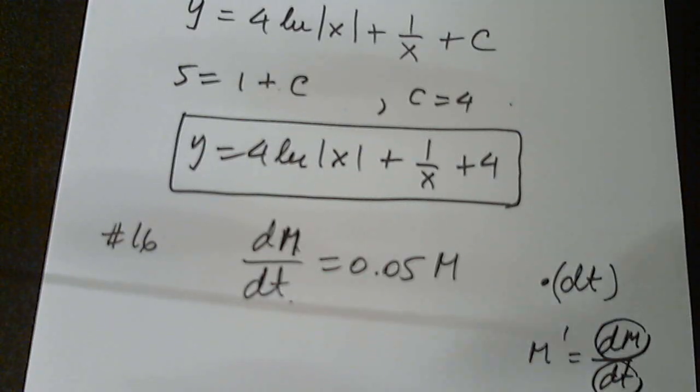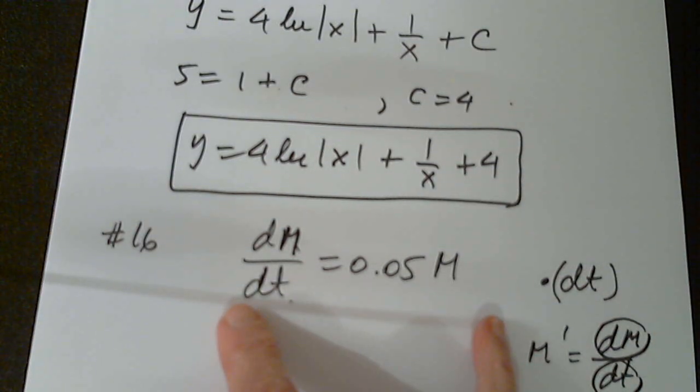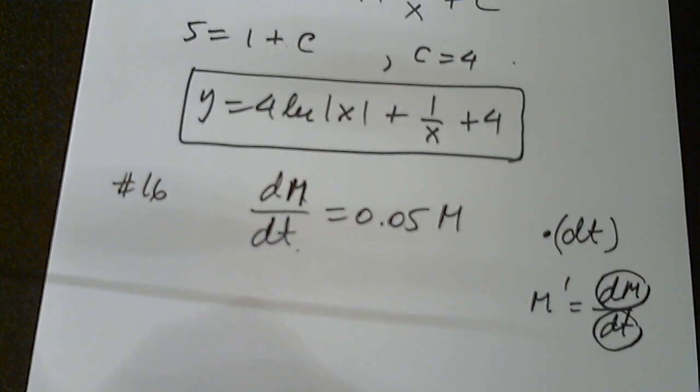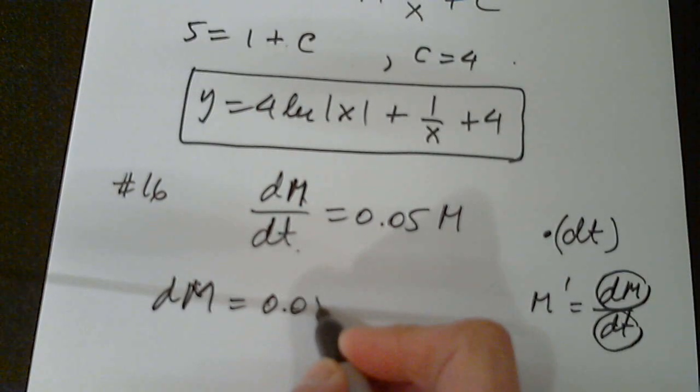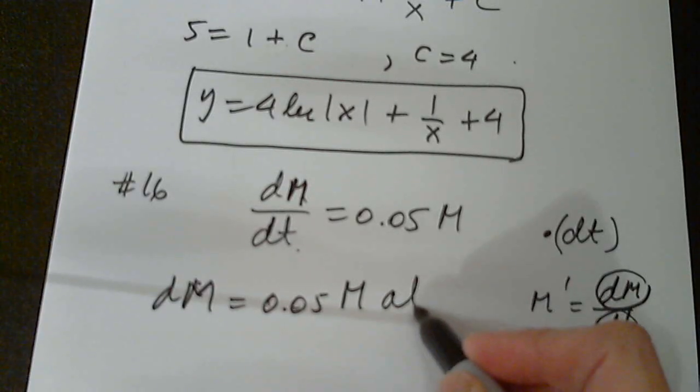So, yes, together they represent a notation, but they also have separate meanings. So I'm going to multiply both sides by dt. Now let's see what happens next. dm equals 0.05 m times dt.